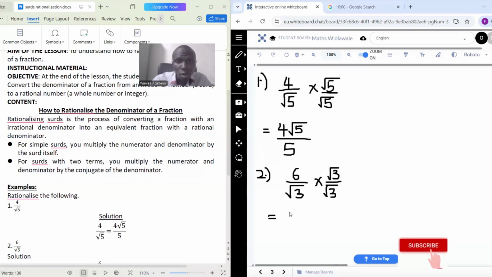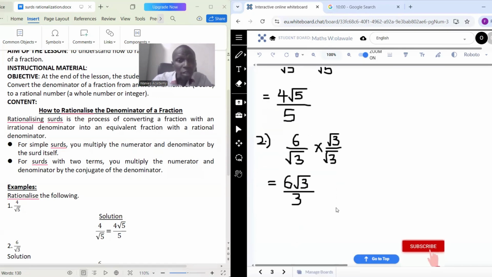Now 6 multiplied by square root of 3 gives us 6 root 3. Then square root of 3 times square root of 3 gives us 3. We can simplify this further. We can divide 3 by 3, we have 1, and 6 by 3, we have 2. So the answer is 2 square root of 3.